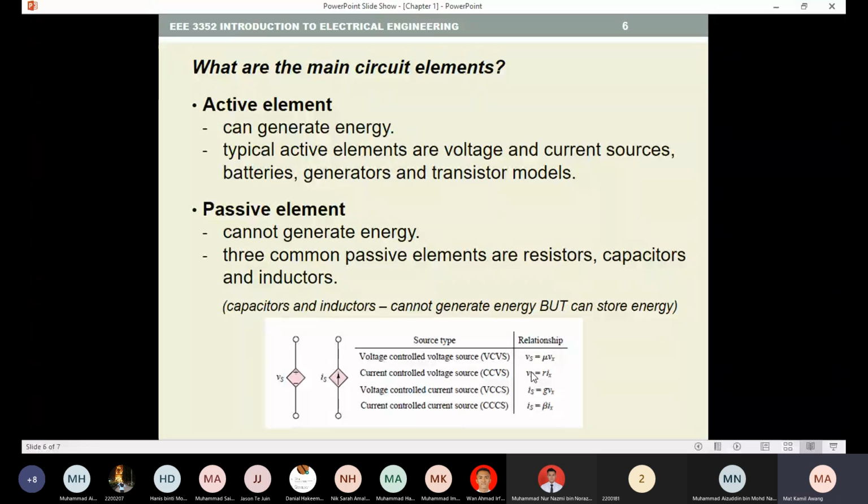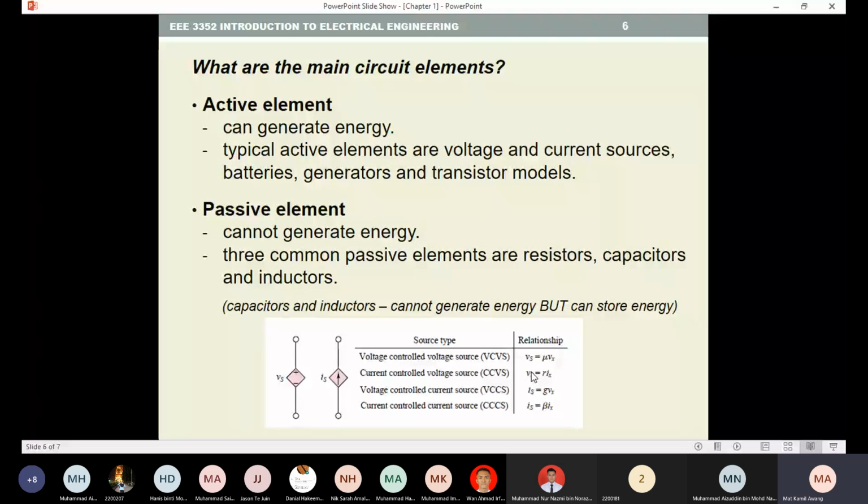So you can use this maybe as a temporary battery. When you don't have the main battery, if the capacitor is fully charged, it can still release the energy for a few seconds to your circuits. So that is where we study transient response later.